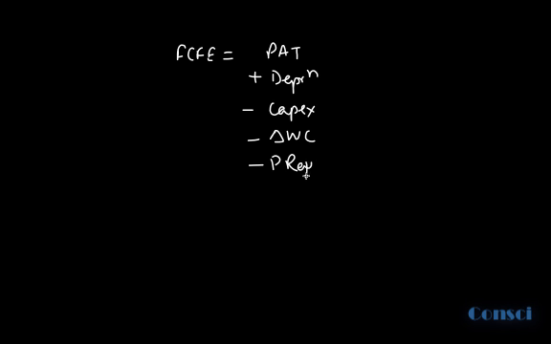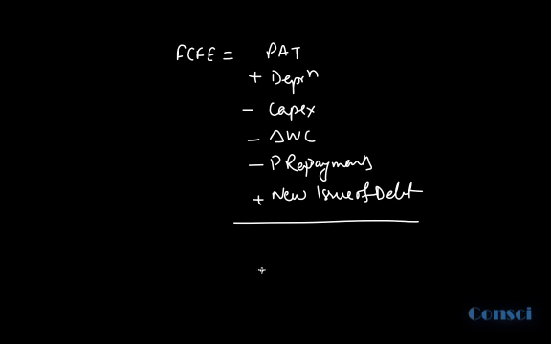FCFE is given by PAT plus depreciation minus capex minus delta working capital minus principal repayments plus new issue of debt. That is how you will calculate free cash flow to equity.